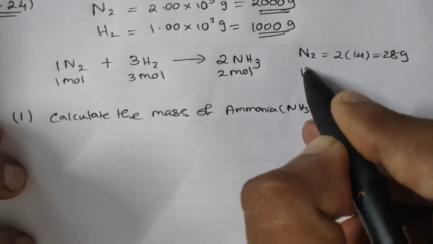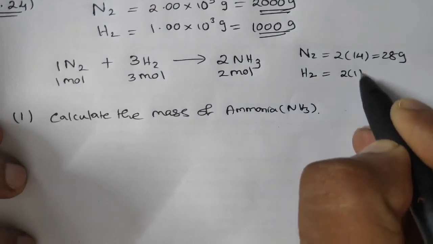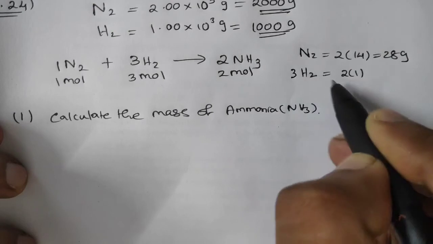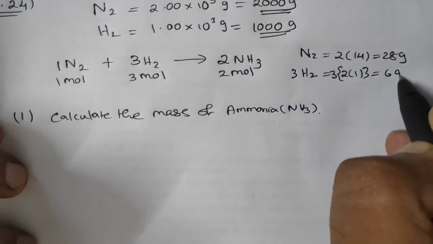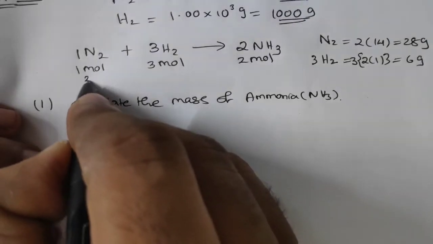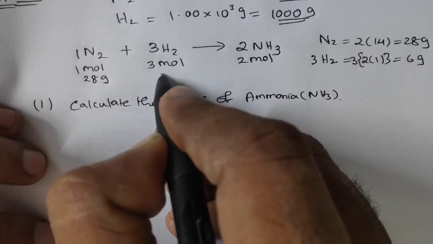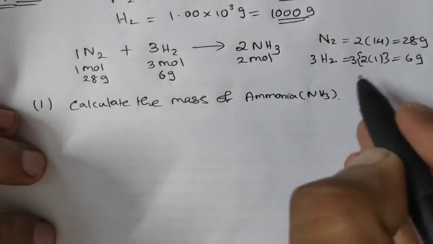For hydrogen, H2 is 2 into 1, but here 3H2 is there, so I multiply by 3 and it will be 6 grams. So 28 grams of N2 reacts with 6 grams of H2. Understood?